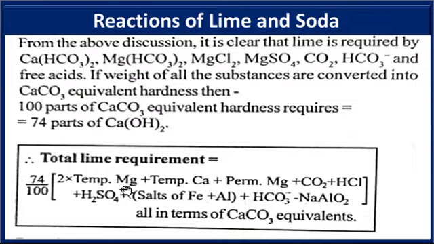So first we have to convert all these salts into calcium carbonate equivalent, then multiply by 74 by 100, then multiply by the volume of water and by the purity factor. What is the purity factor? We will discuss it after a few slides. So this is the complete formula to calculate the total lime requirement for water softening.